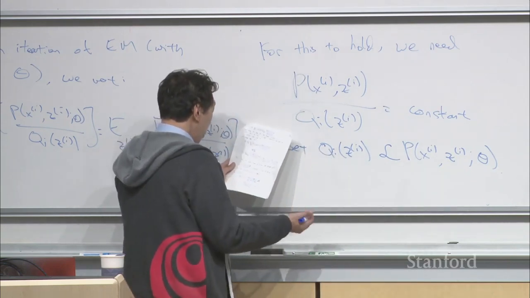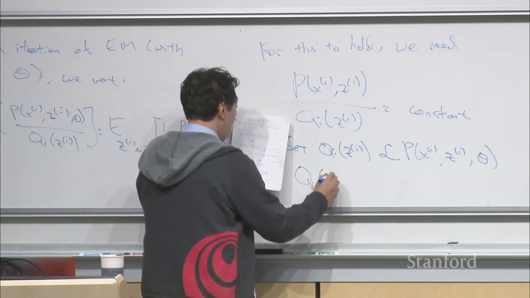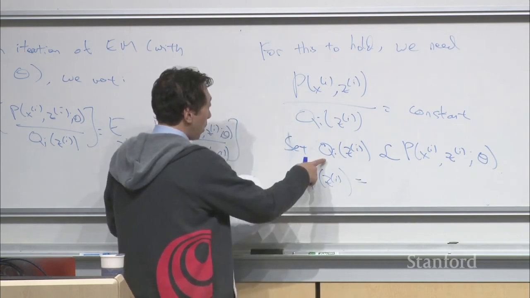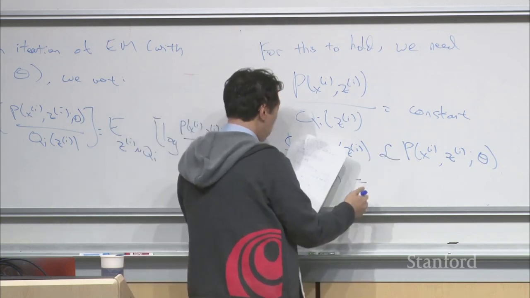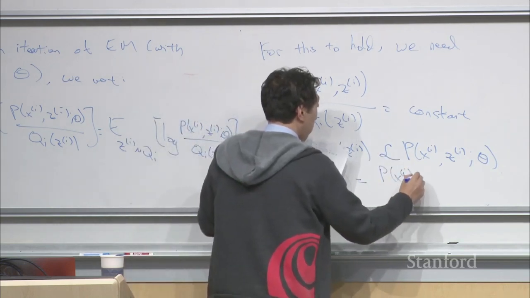And I don't want to prove it, but this is proven in the lecture notes. One way to ensure this is proportional to the right-hand side is to just take the right-hand side.